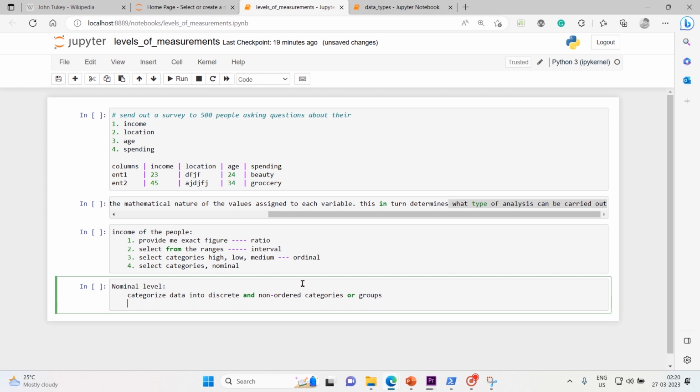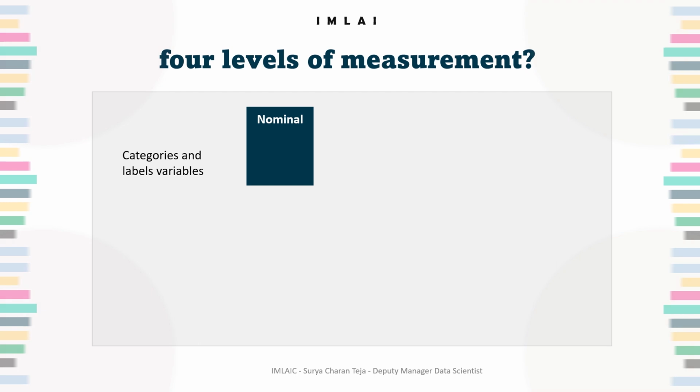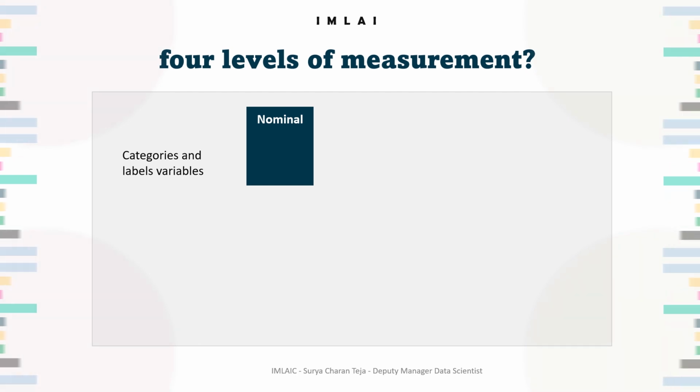Some of the examples include nationality and marital status. Nominal data can be coded numerically, but the actual numerical values have no meaning in themselves. So that's the nominal level of measurement.